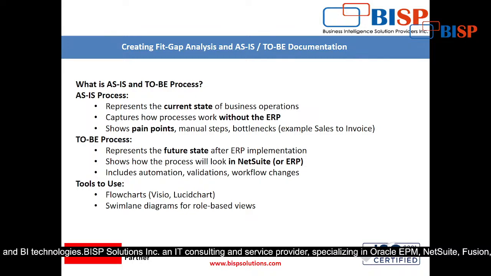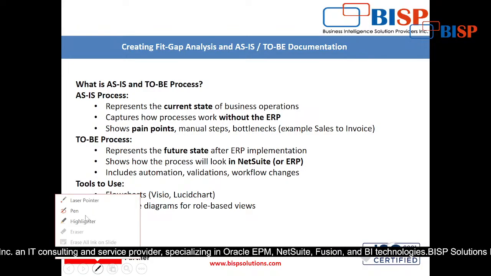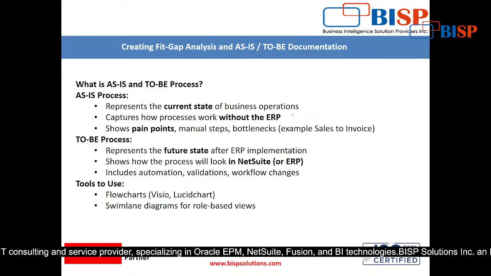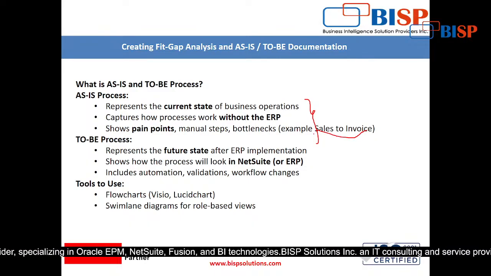Now suppose we take purchase to procure, right? Let's take the purchase to procure example. Just focus on this part first. I am taking purchase to procure, P2P. Now purchase to procure represents the current state of the business process.